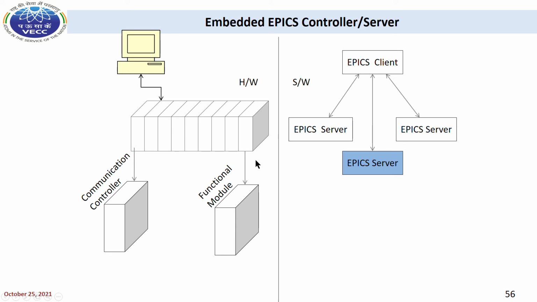So now comes the hardware part. We have already developed EPICS SCADA software. Now VECC has also developed an in-house embedded controller system. The embedded system has a communication controller and various function modules.